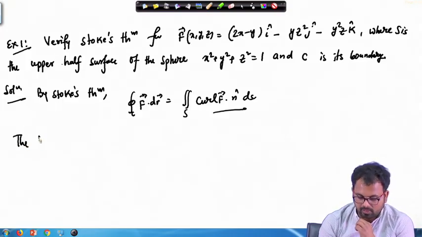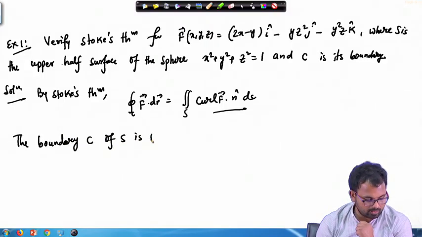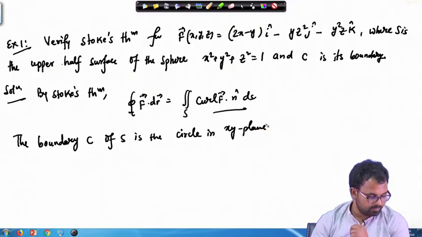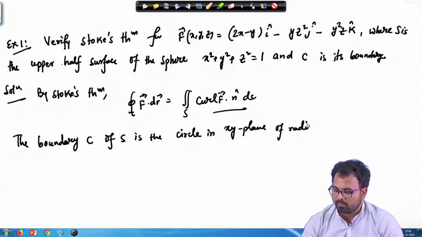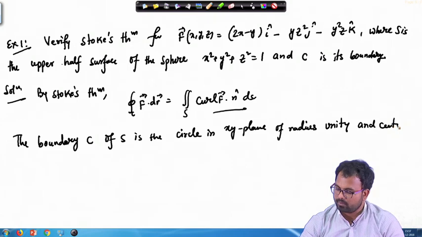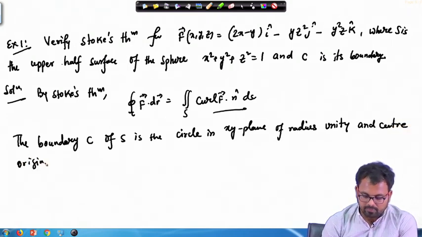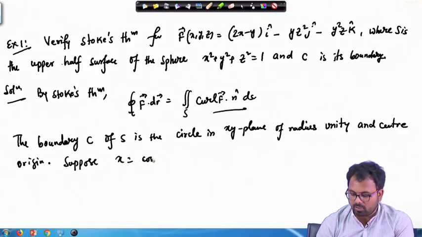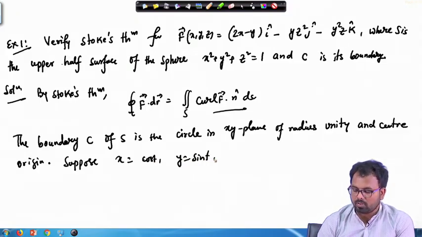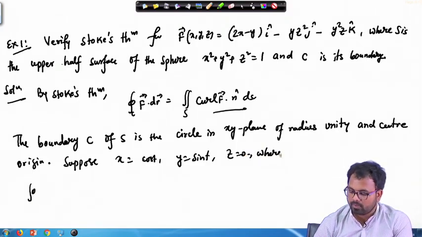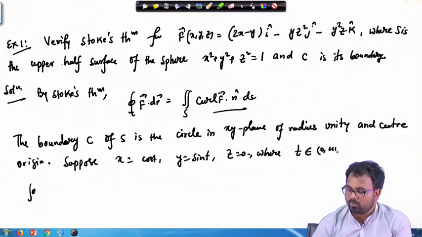The boundary C of the surface S is the circle in the xy plane of radius unity and center origin, and the parametric representation of that circle would be x equals cos t, y equals sin t, and z equals 0, where t is between 0 and 2 pi.